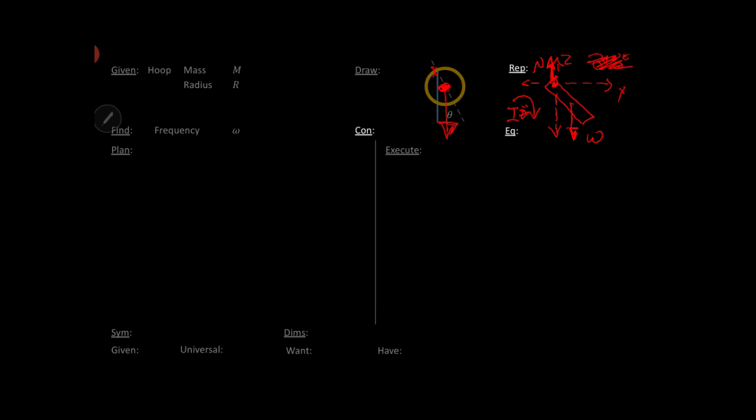All right, so we need a concept, and this will be rotational dynamics. This is the rotational analog of Newton's second law, right? So the equation for that is the sum of the torques is equal to I alpha, or I, in this case, theta double dot.